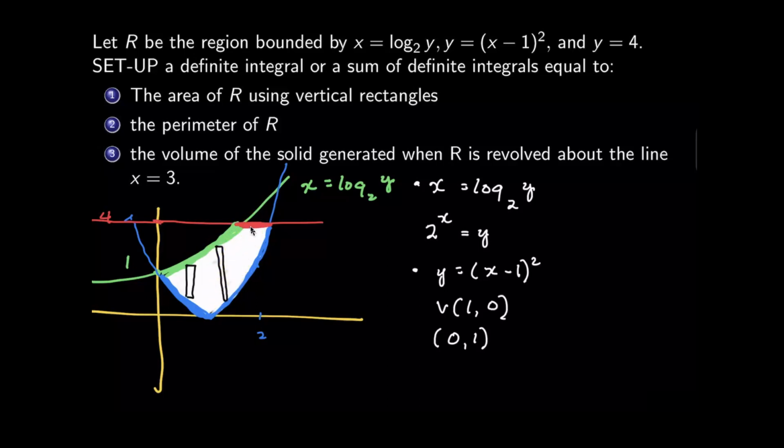However, when I am already here, I have a different upper boundary, the red line, and the lower boundary is the blue parabola. So therefore, it only means that I have to divide my region into two parts. This is the first region and this is the second region.